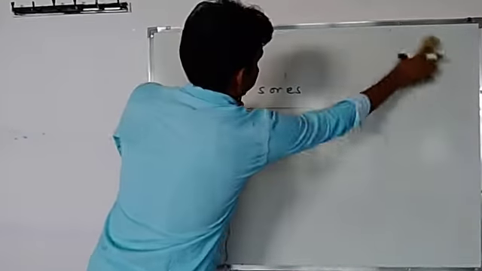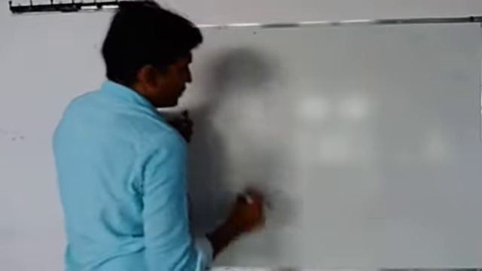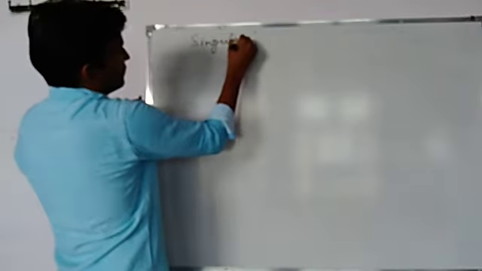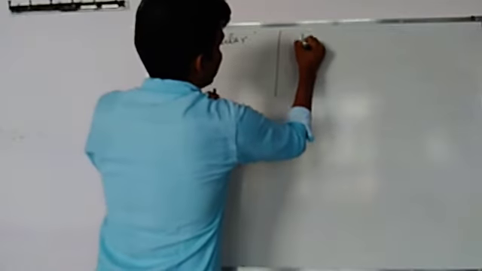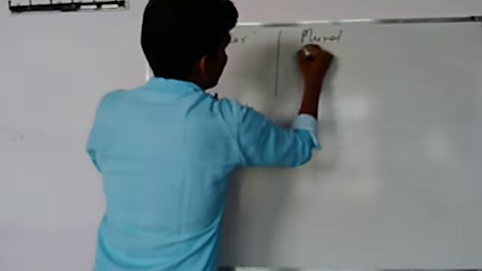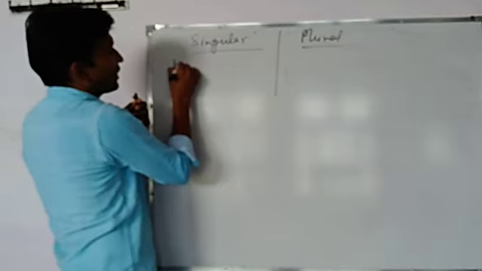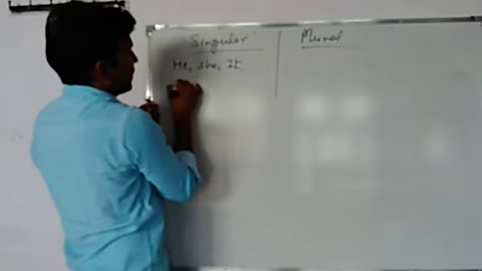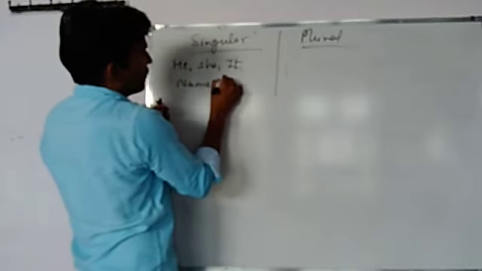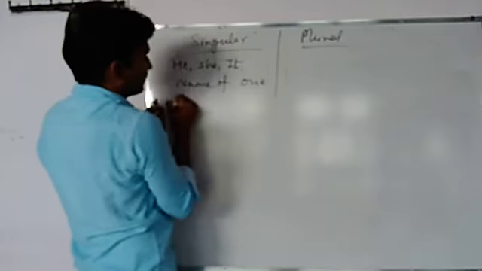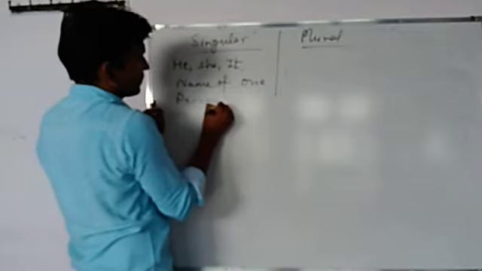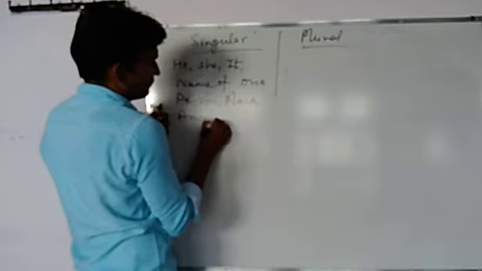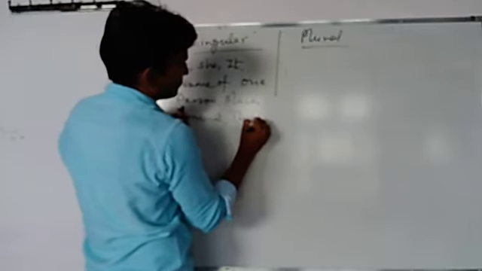Look, you know well that subjects are of two types, singular and plural. Singular subjects are he, she, it, and the name of one person, place, animal, and thing.